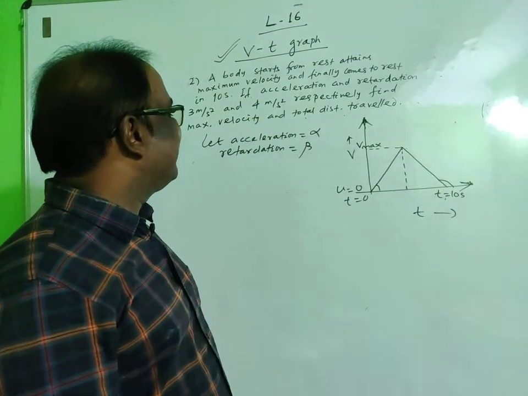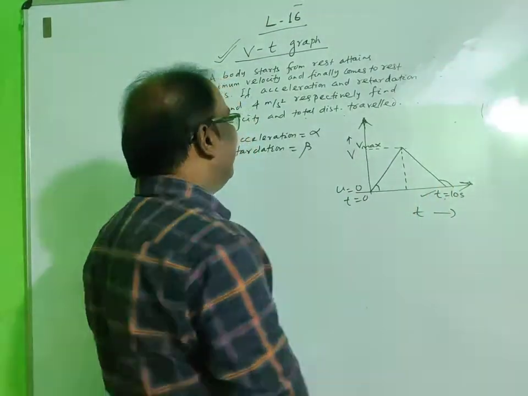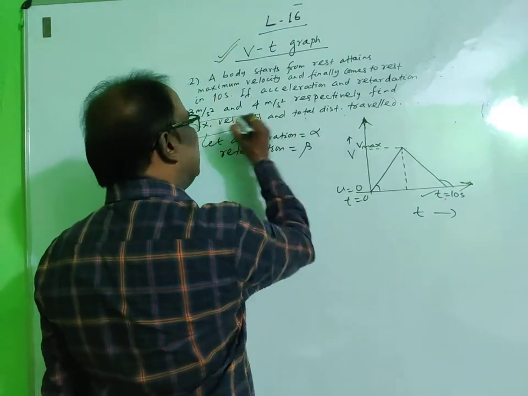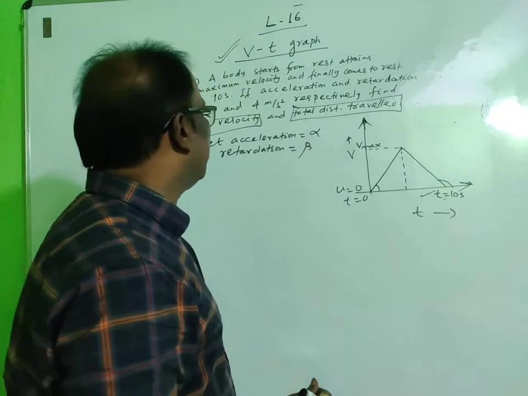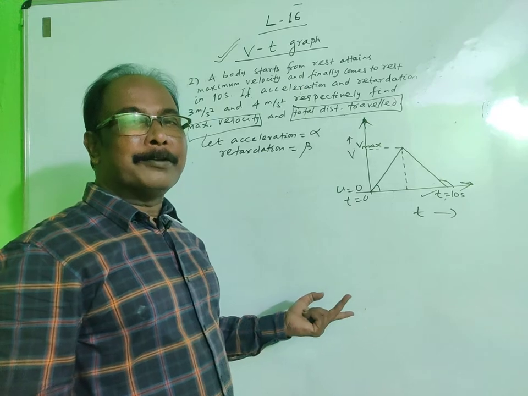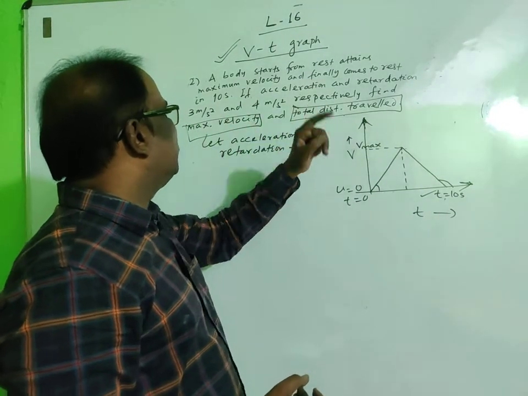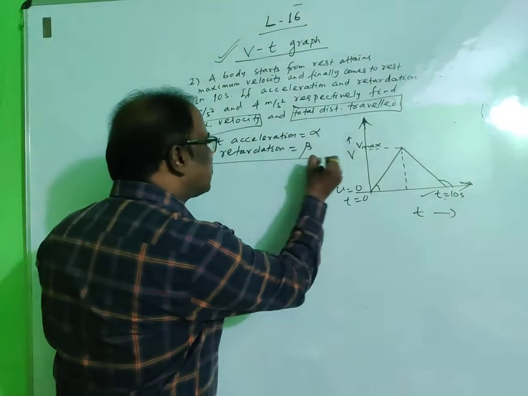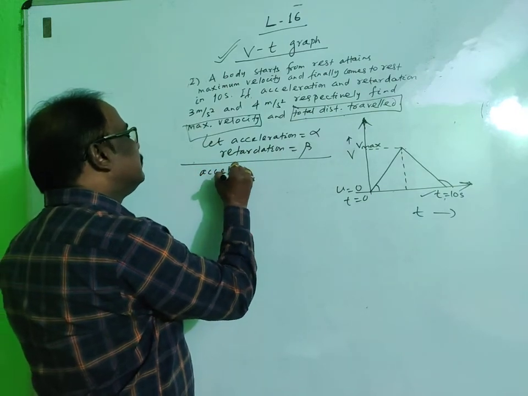Let acceleration be alpha, retardation be beta, and total time be t. Then what is asked? We have to find maximum velocity and total distance traveled. In the previous question total distance was given, and we calculated maximum velocity. Here both are asked: what is maximum velocity and total distance traveled. Let's first discuss accelerated motion.